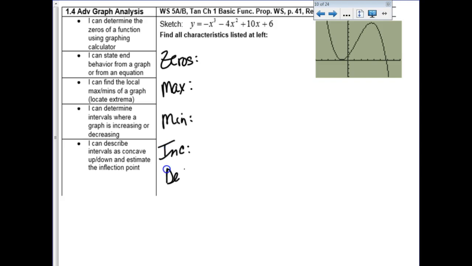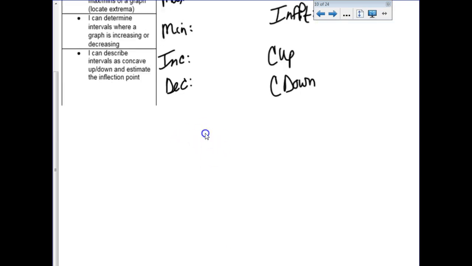Increasing and decreasing intervals. The other thing we're going to need to find is the inflection point. And then concave up, concave down, oh my goodness. And then you know what? The other thing we need to talk about is end behavior. At least that one's easy for us at this point.